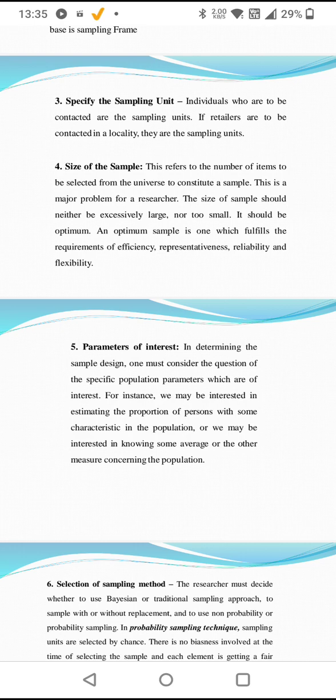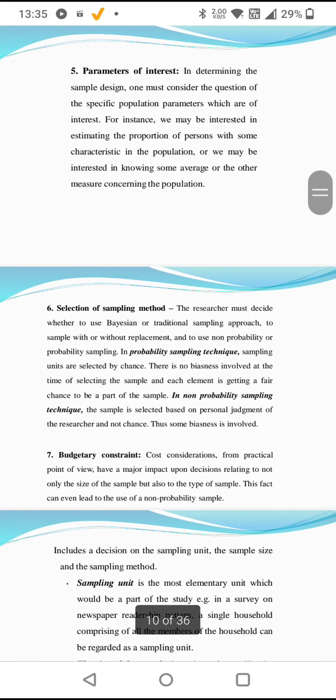Coming to the budgetary constraints. So before that, selection of sampling method. The researcher must decide whether to use Bayesian or traditional sampling approach, to sample with or without replacement, and to use non-probability or probability sampling. In probability sampling technique, sampling units are selected by chance.